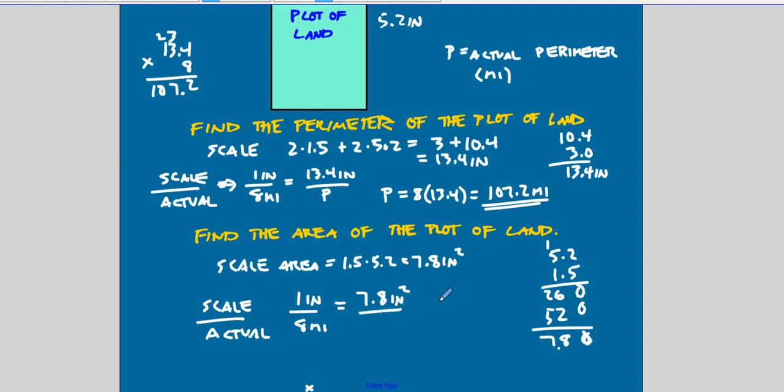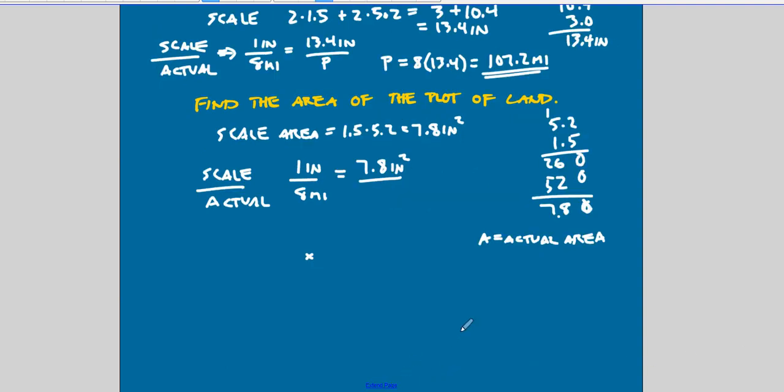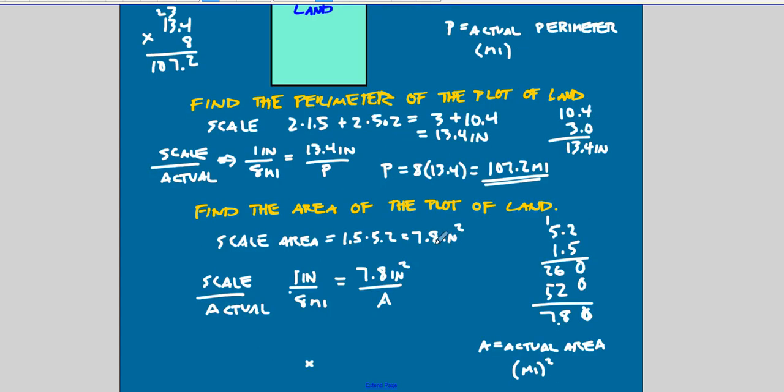Area is going to be in square miles. A is the area, actual area, and that's going to be in square miles. So remember now, we're not done here because this is in square inches. This is only inches. This is square miles. Our unknown is in terms of square miles, A.